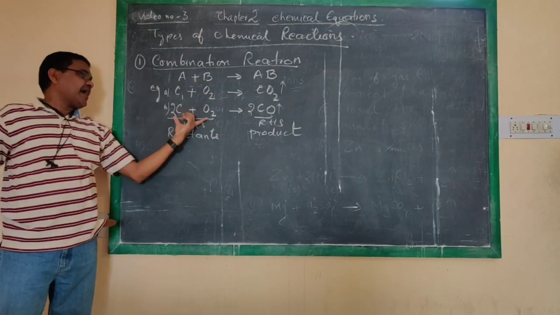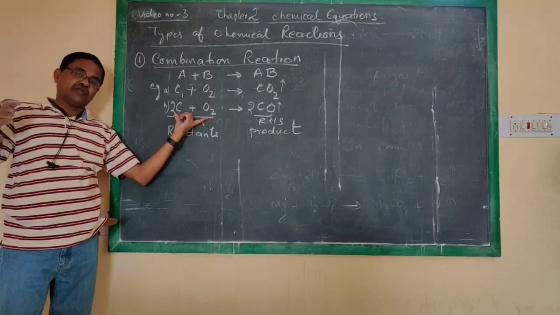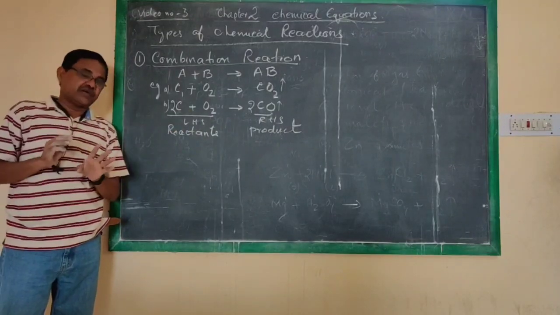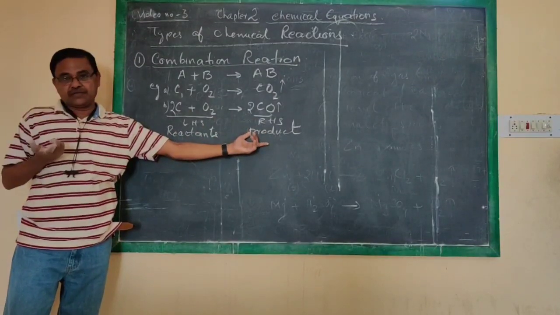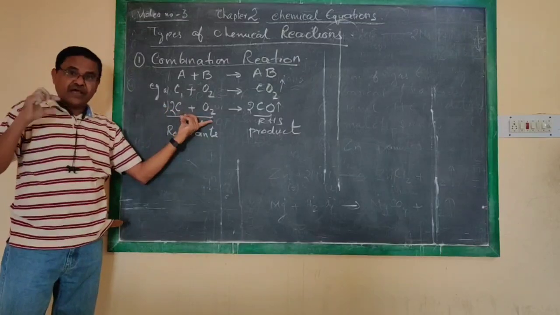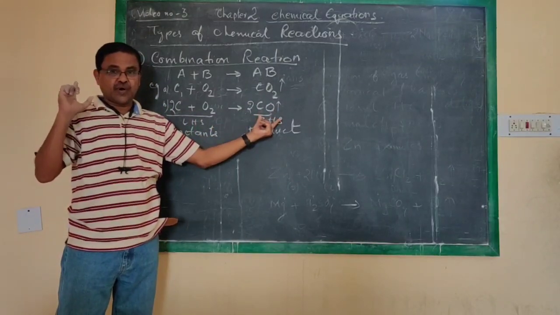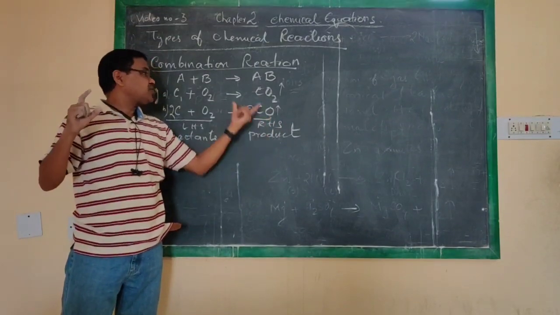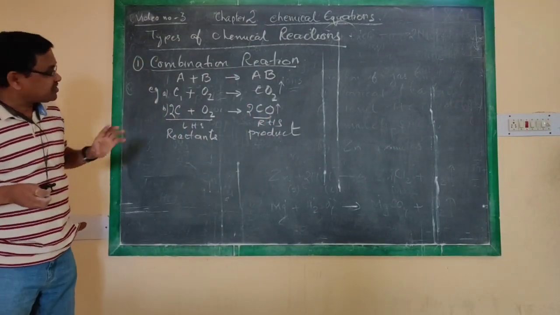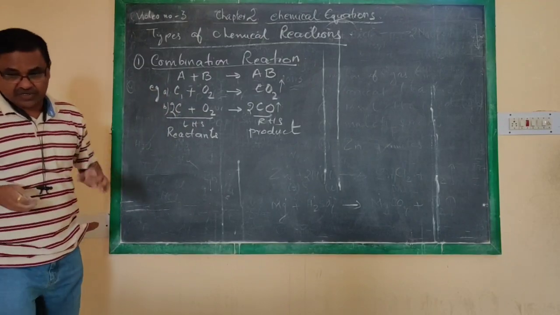That means these two elements react with each other and form a product. Two different elements combine together to form a single compound, and that is called a combination reaction. Here is a simple example.